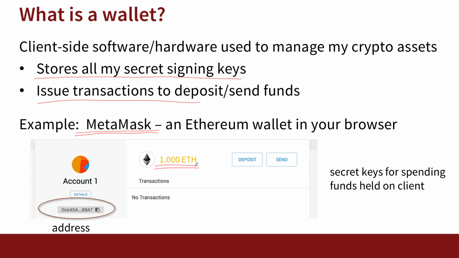And the secret keys that are needed to spend from that address, right? Remember, the secret keys are used to sign transactions that spend funds from that address. Those secret keys are basically held on my client. So my machine basically holds the secret keys, and I can tell MetaMask, go ahead and send funds somewhere, and MetaMask will use those secret keys to sign a transaction to send the funds.